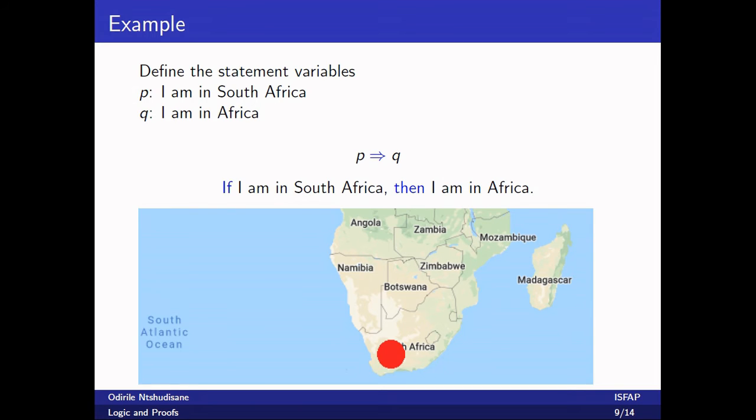Let's define the statement variable P to mean I am in South Africa, and the statement variable Q to mean I am in Africa. Then P implies Q would stand for if I am in South Africa, then I am in Africa, which in fact has a truth value of true.